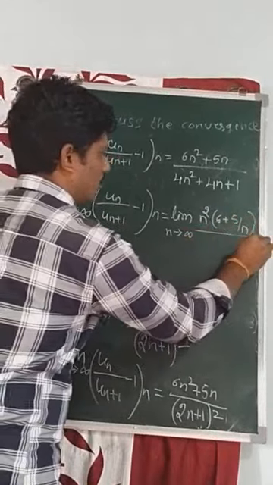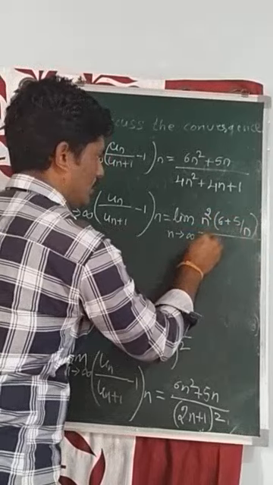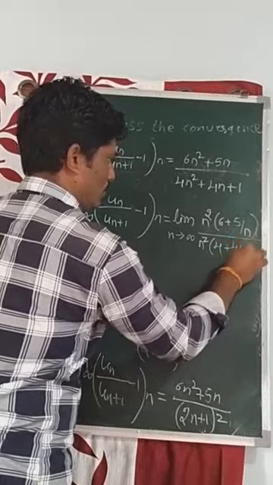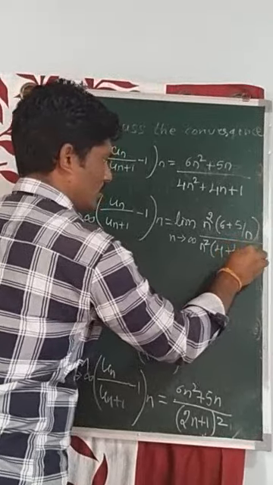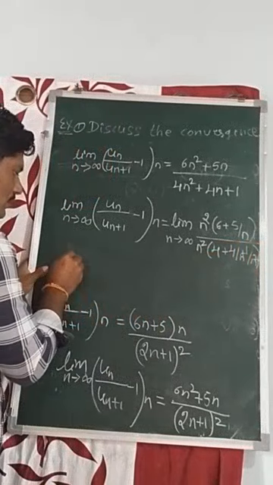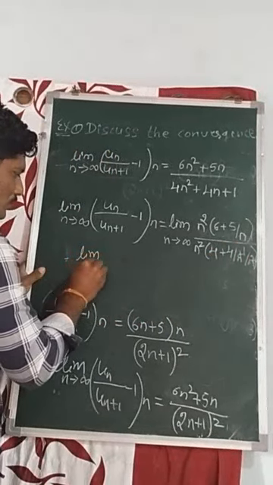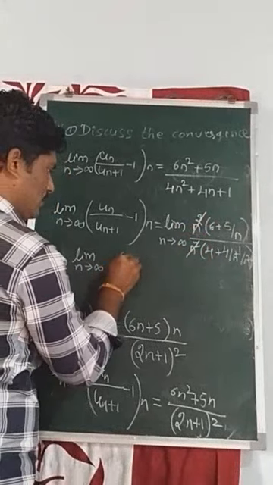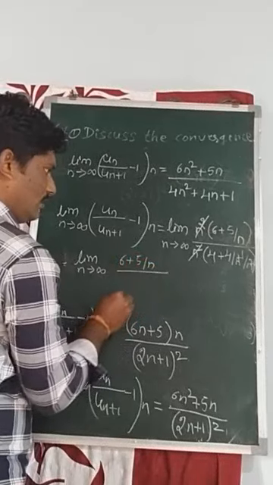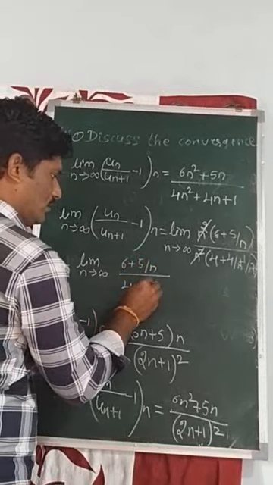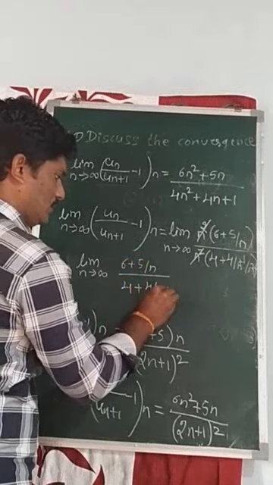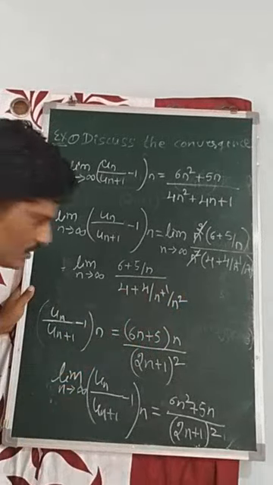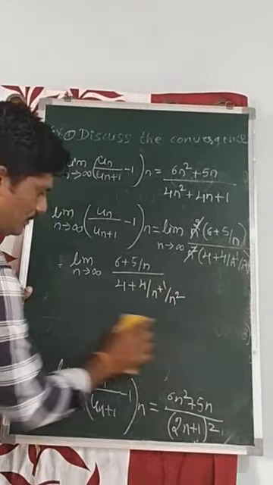On this side take n square outside, 4 plus 4 by n, 1 by n square. Okay, limit n tends to infinity. Here n square cancels, 6 plus 5 by n, here 4 plus 4 divided by n plus 1 by n square.